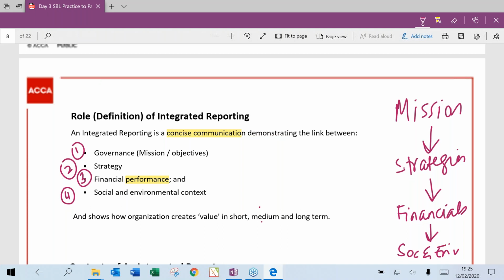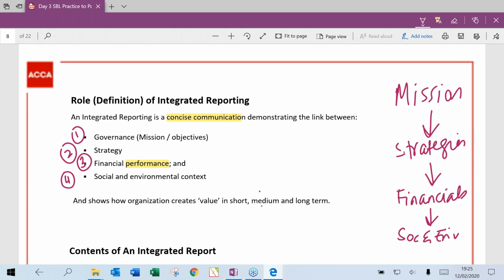The integrated report is a concise communication demonstrating the link between governance and strategy, financial performance, and social and environmental context, and shows how the organization creates value in short term, medium term, and long term, which means it is more futuristic: how we create value, how we increase the shareholders' wealth in future.